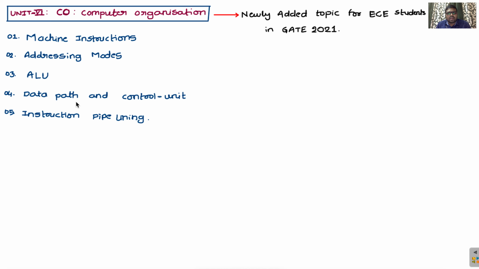So these are some basic topics involved in the computer organization subject in ESE. But from the GATE point of view, this is a newly added topic for ECE people. This syllabus is not included for instrumentation, triple E and CSE people.